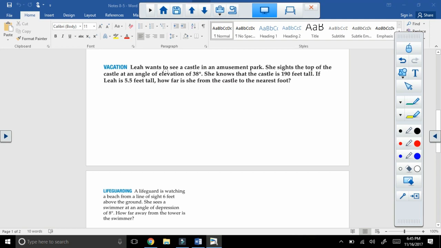It says that Leah wants to see a castle. So let's see, here's Leah, here's the castle that she wants to see. And she sights the top of the castle at an angle of elevation of 32 degrees.